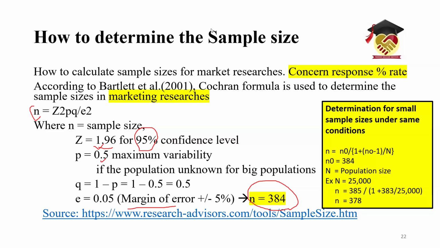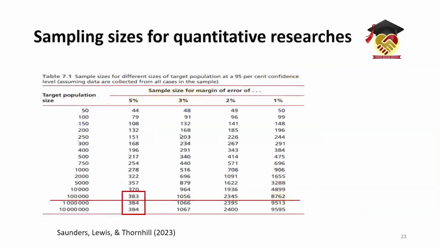Now you can see very clearly. Go to this book. I took this from Saunders et al. Now you can see your population on the left side.